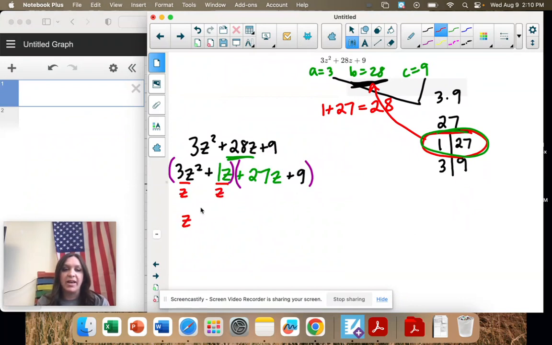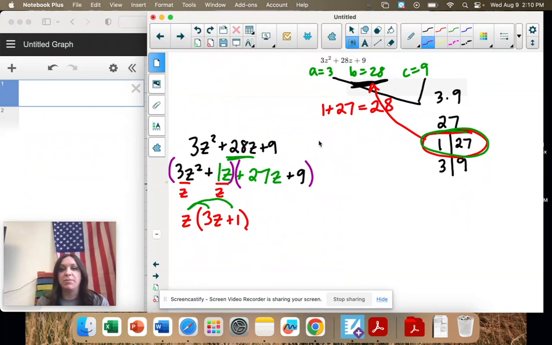And then I have left 3z plus 1. So I want you to notice here, if I were to multiply this, I would have 3z squared plus z. I would have this. Okay, everything can be checked as you go along. You're just rewriting it a different way.